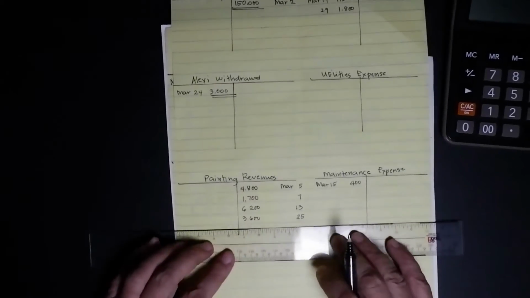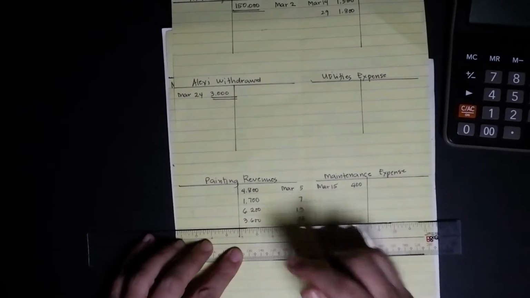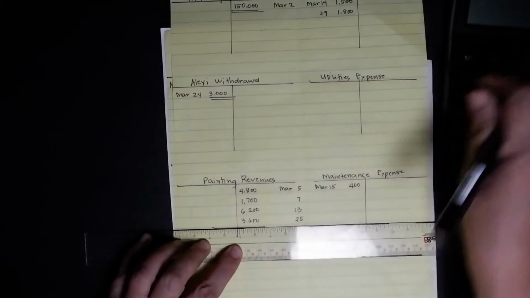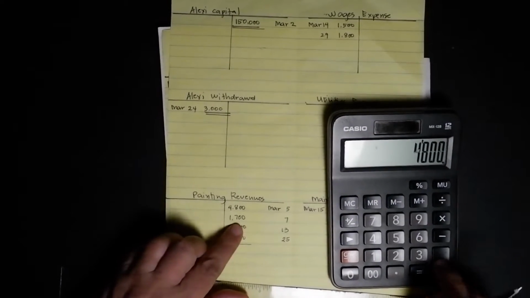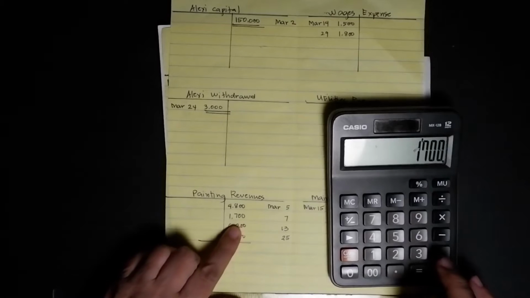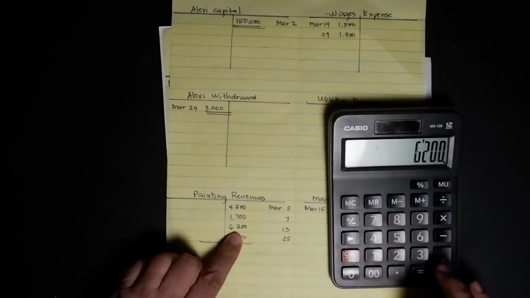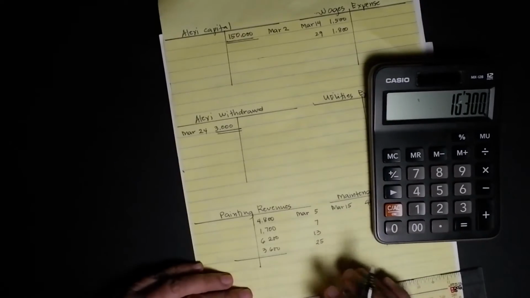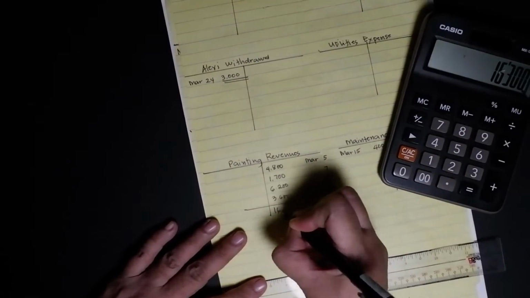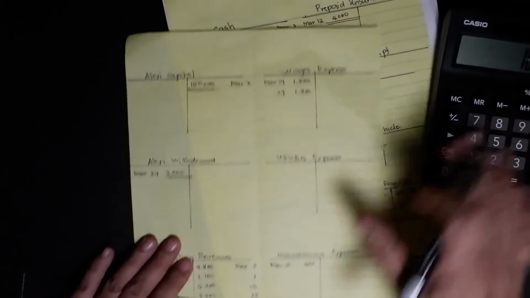And for our painting revenues, we have 4,800 plus 1,700 plus 6,200 plus 3,600. So that is 16,300. Okay.